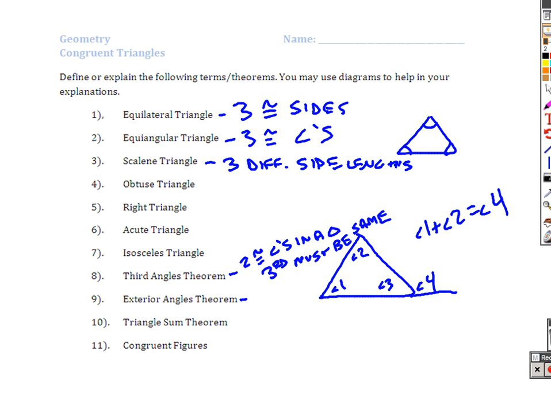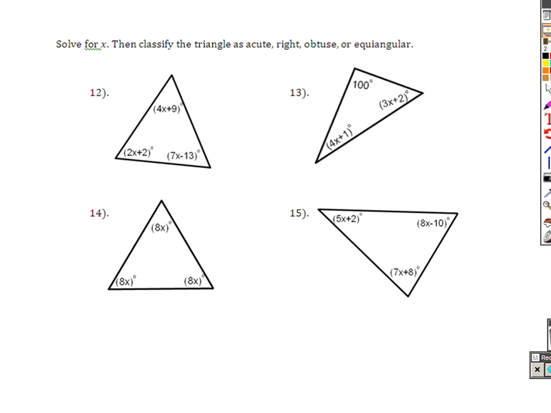Looking at the next set, numbers 12 through 15, first thing it says is to solve for x, then classify the triangle. Let's start here with number 12. All of these, honestly, are triangle sum theorems. You need to add all 3 angles together and equal them to 180.